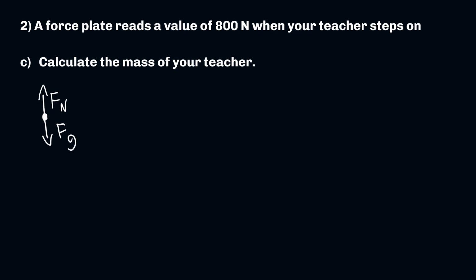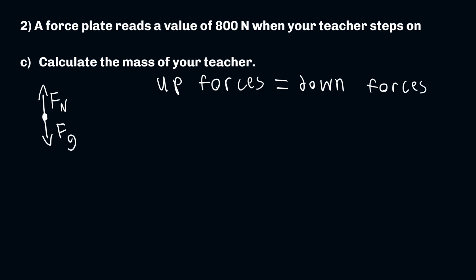Now we can set up our equations. Our first equation would be up forces equal down forces. I don't have any left or right forces based on this free body diagram, so we're only going to go with one of the two. So up forces equal down forces. Our up force is the normal force, so we put in Fn.